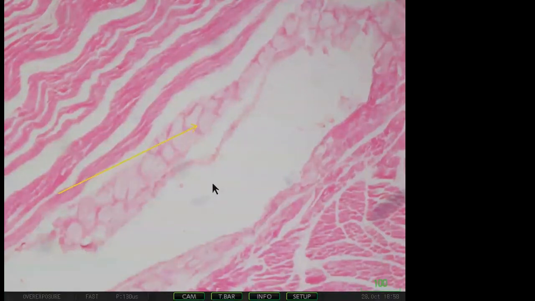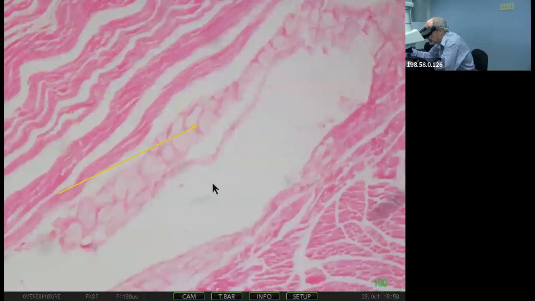Okay. So you see these cells, the cytoplasm is much lighter compared to the cytoplasm of your cardiac muscle fibers. It is much whitish.